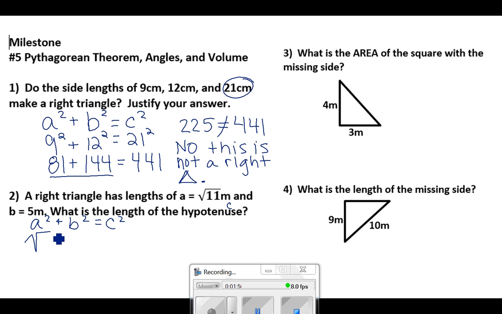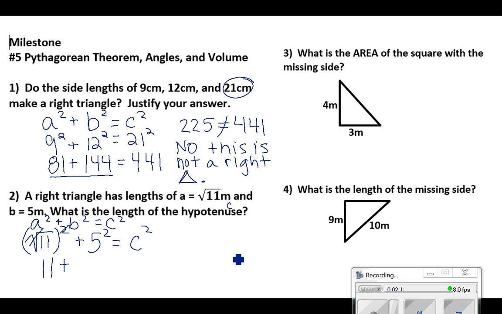The square root of 11 squared for a plus 5 squared for b, and c squared is what we're looking for. The square root of 11 squared cancel each other out, so we can bring down 11 plus 5 squared, 5 times 5 is 25, and that would equal c squared.